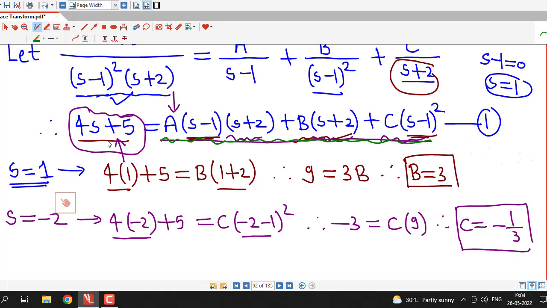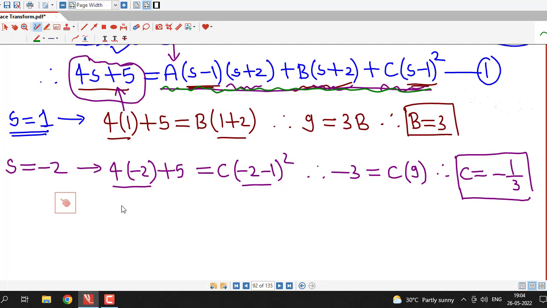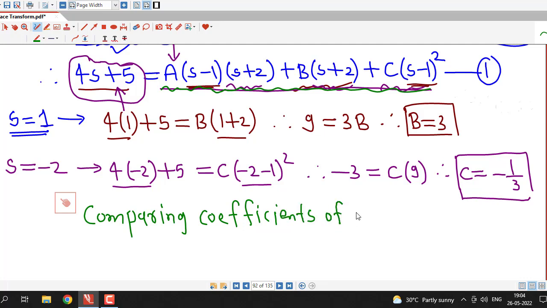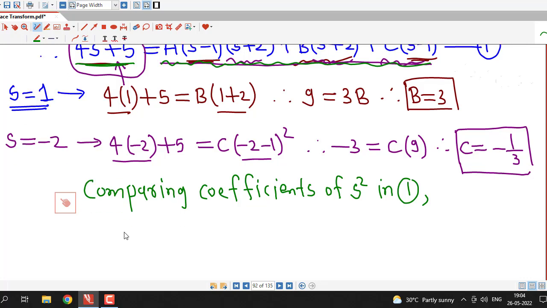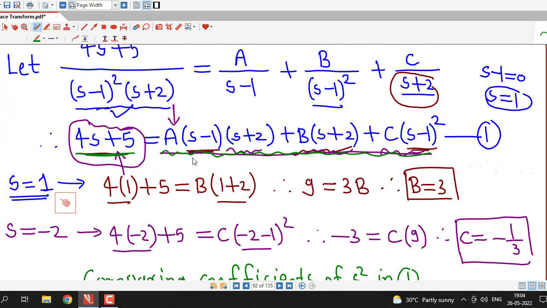For example, suppose I want to compare the coefficients of s squared in equation number 1. On the left hand side there is no term containing s squared, that is, the coefficient of s squared is 0 on the left hand side. On the right hand side we will identify those terms which are multiplied with s squared.